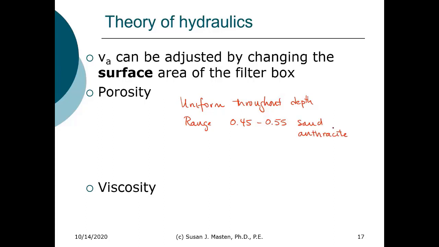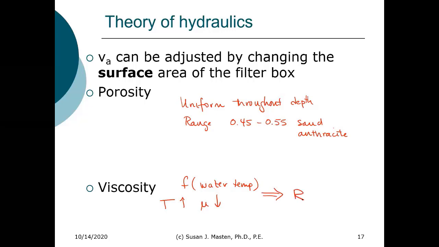The viscosity, on the other hand, is a function of the water temperature. So as temperature increases, viscosity decreases. And that's important. This will affect the Reynolds number. And we'll use the Reynolds number throughout our design.